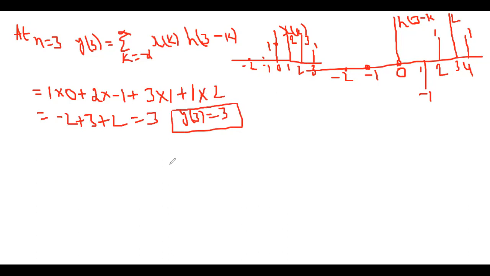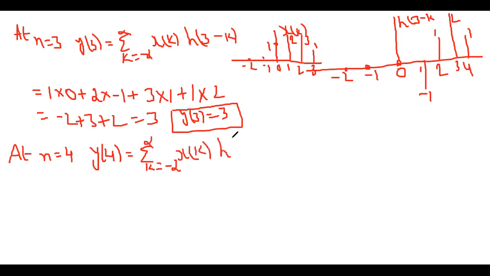Okay, my dear students. In a similar way, at n is equal to 4. What is the value? Y of 4 is equal to sum of k equal to minus infinity to infinity x of k h of 4 minus k. Now again, one sample is shifted.